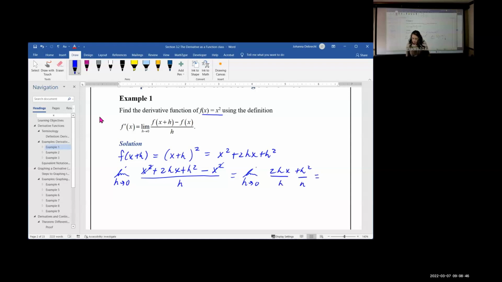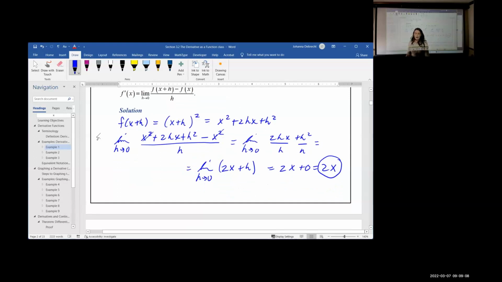Make sure you individually reduce those fractions because they're both divided by h. And that gives us the limit of 2x plus h. And as h goes to 0, you can substitute 0 now for h, and you get 2x. Notice that this is a function, not a number. So what we found is that f prime of x is equal to 2x.